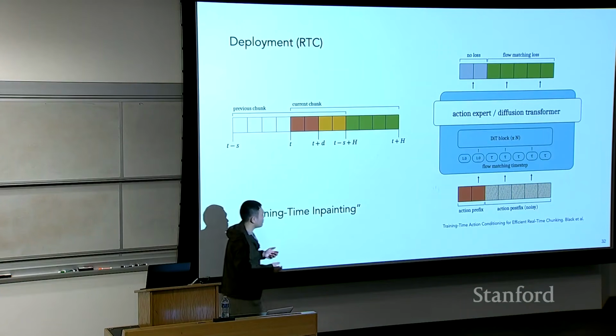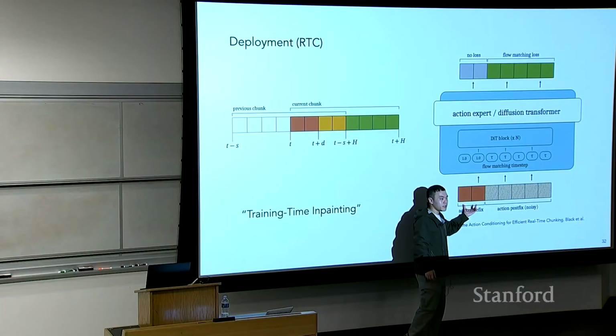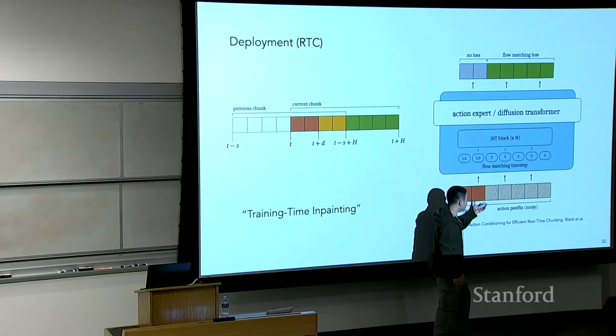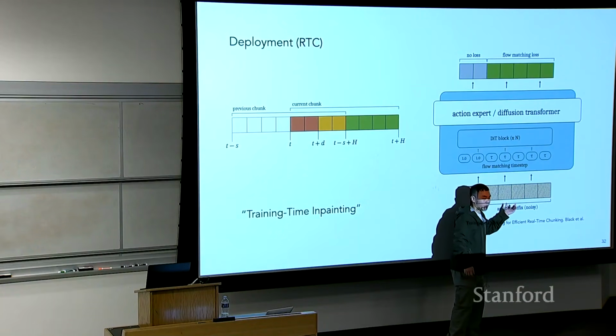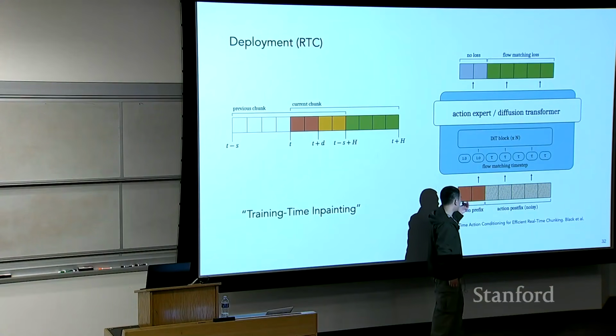During training time, we assume we know some of the first few tokens, and we condition on them, and we only predict the second part of the action trunk, so that we basically guide the prediction of the second trunk with some known actions.